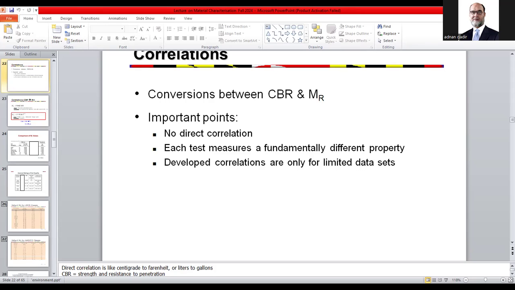So people have done a lot of research and tried to find the best relation so that if someone has the CBR value, he or she may estimate the resilient modulus. But whatever relation you have, it is again an approximation.